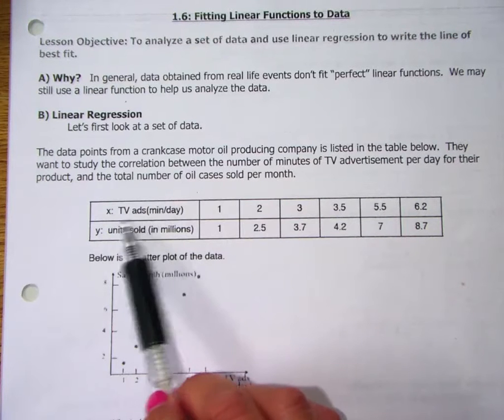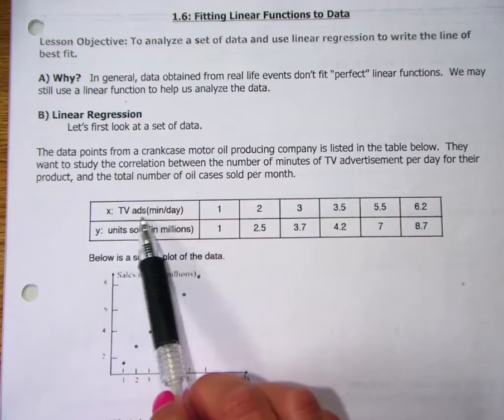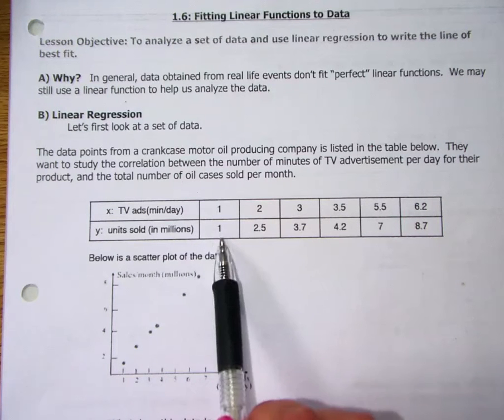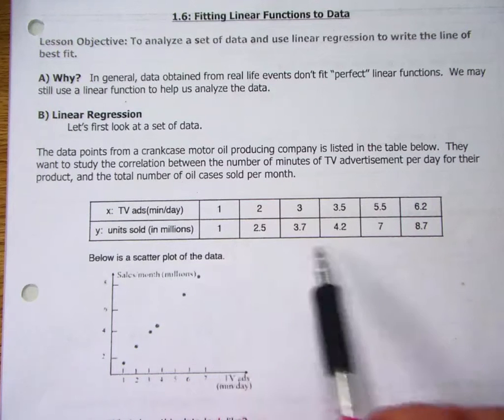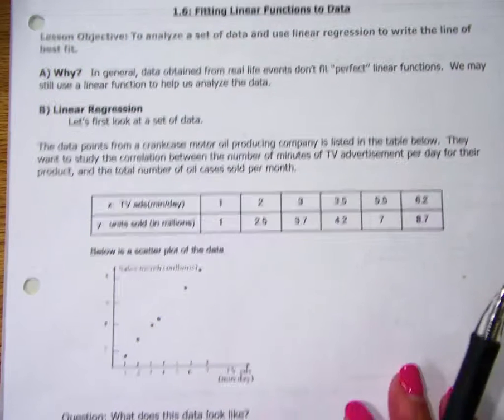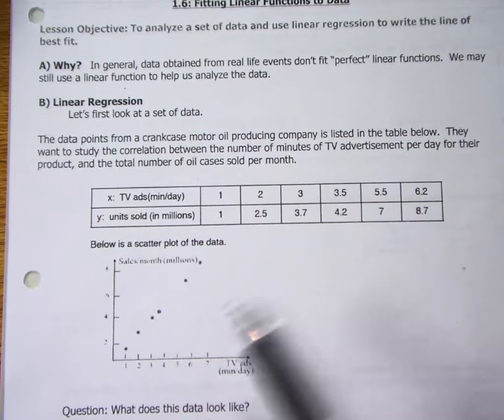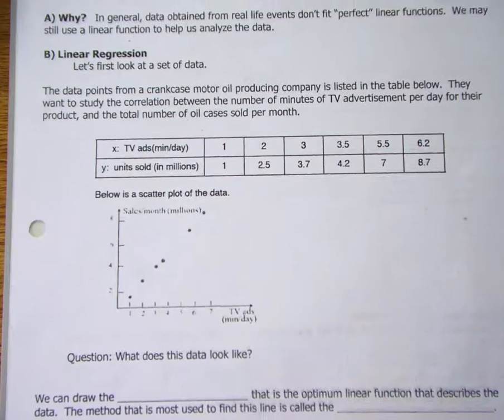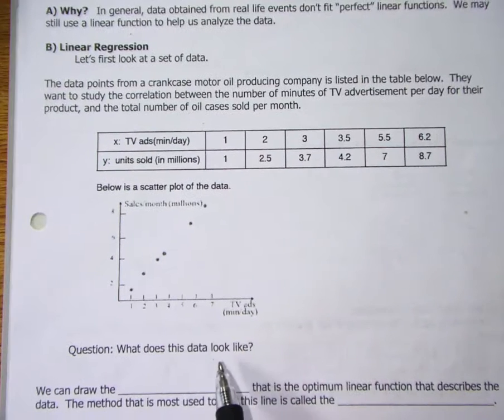So what you see in the table, your input is the minutes per day for the TV ads, and then the corresponding units sold in millions for that number of TV minutes. So you can see the data points there. Below, you can see a scatter plot of that data. So the question is, what does this data look like?